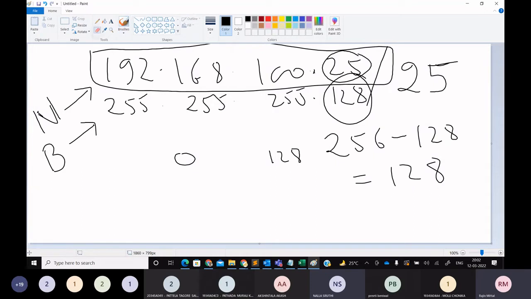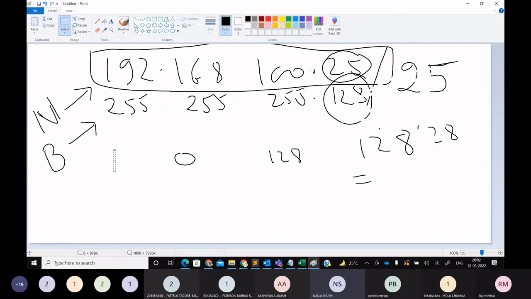Let me rub this out. You write 0 and 128 here, and then you write the IP. 192.168.100.0, and again here you put the first three octets, 192.168.100.128.